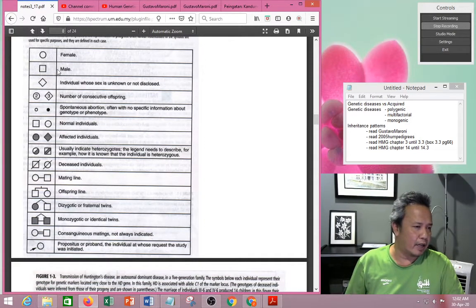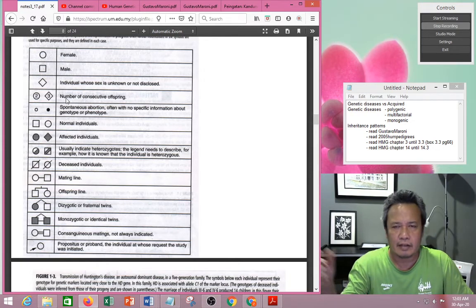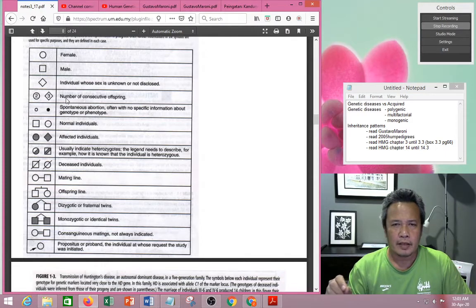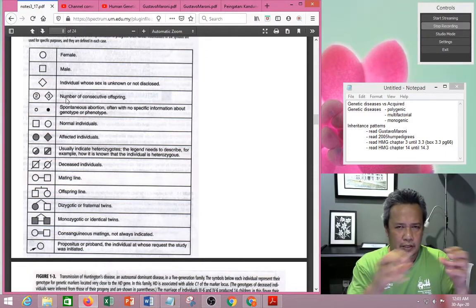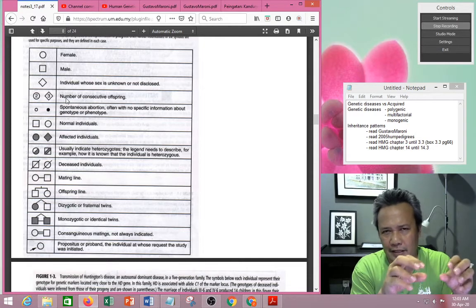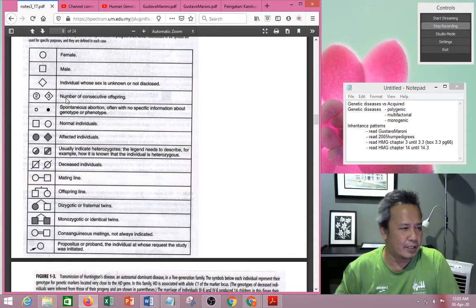So again, male, female, number of consecutive offspring. Sometimes, for example, you have 10 siblings that you are investigating, but you actually want to focus on only one or two families that have the disorder. For the rest, you don't need to draw everybody, you can just use numbers.